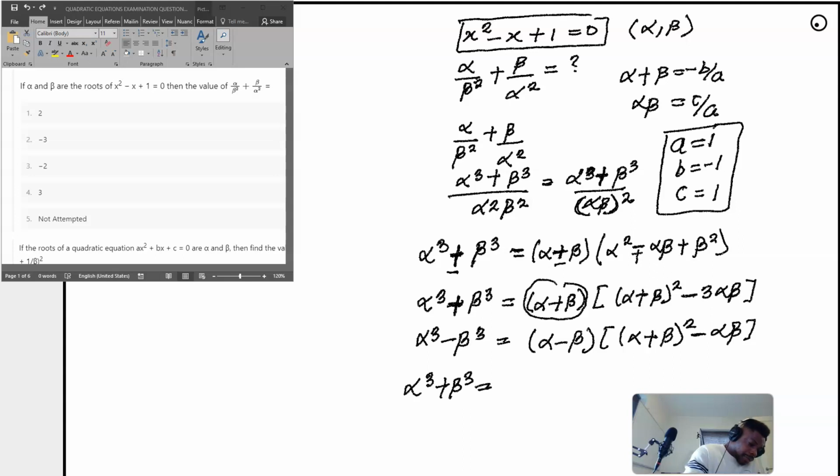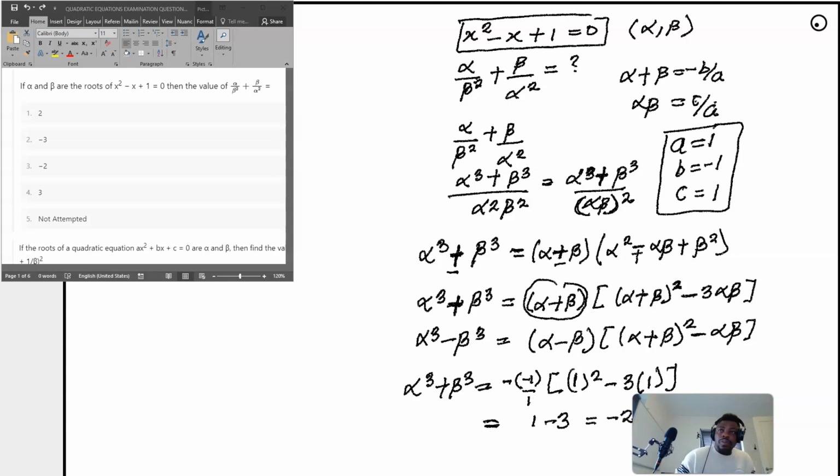Alpha plus beta is minus b over a, which is minus times minus, plus 1. So we have 1 squared here, because alpha plus beta is 1, minus 3 bracket, alpha beta is c over a, that is 1 over 1, which is 1. So this is 1 minus 3, that is minus 2.